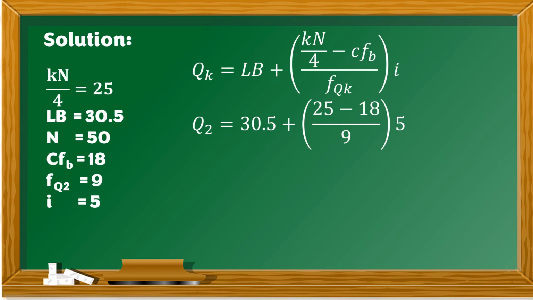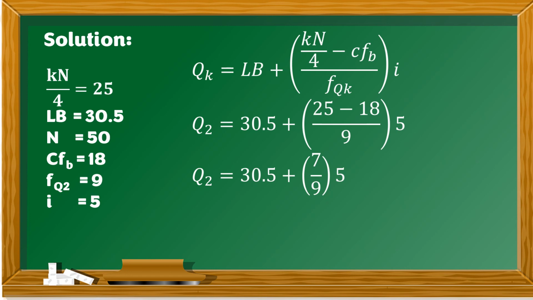Q sub 2 is equal to the lower boundary, LB, is equal to 30.5, plus the quantity of Kn over 4, that is equal to 25, minus CFB, that is the cumulative frequency below the middle quartile class, 18, all over the frequency of the middle quartile class, 9, and then times the interval, 5. Next step is we're going to simplify.